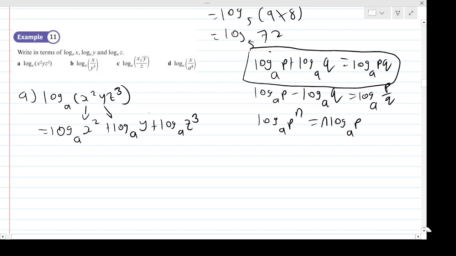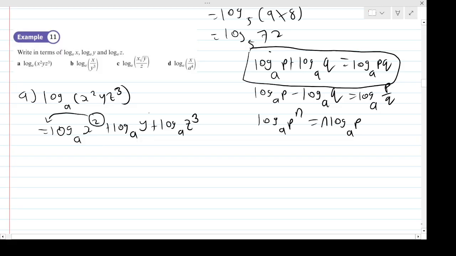Hopefully that made sense. At that point, to get it in terms of just x, y, and z, log a y is cool, but I've got z cubed and x squared. I don't want squares or cubes, no powers. How can I get rid of the power? I can bring the power to the front.